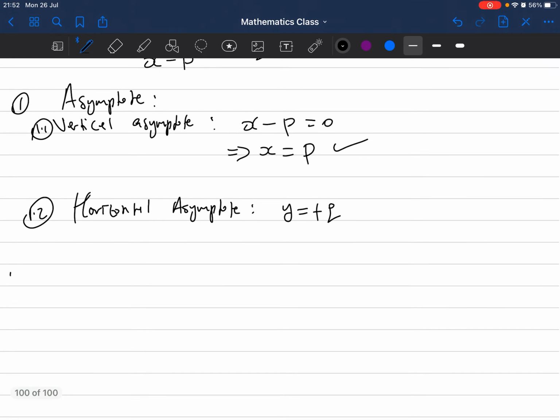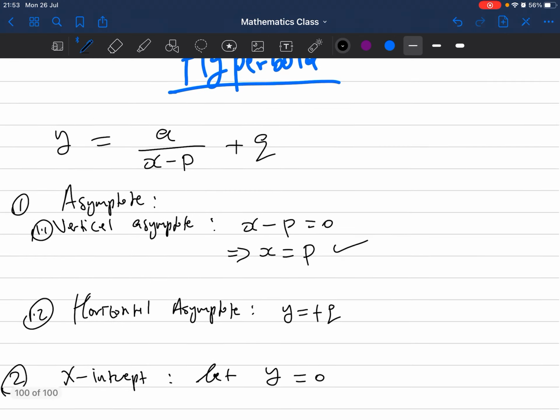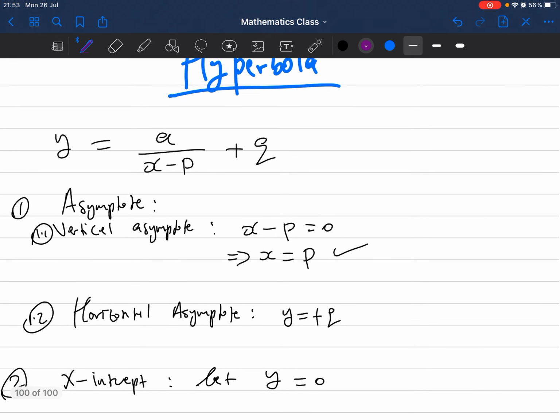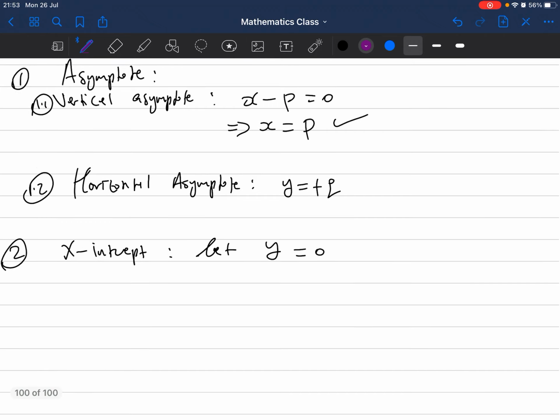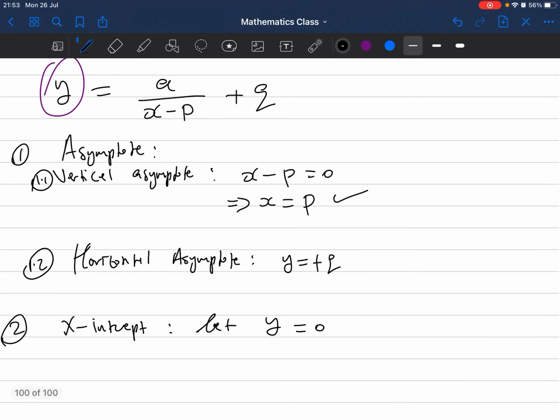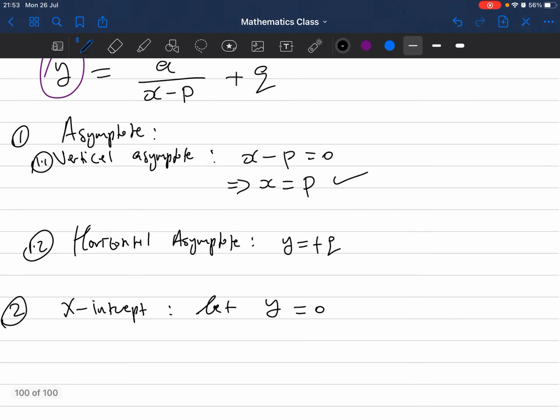That's first thing. Second thing, there's what you call intercept. So we have x-intercept, right? And x-intercept is when you let y is equal to 0. So meaning you're going to let y equal to 0 and then you solve for x.